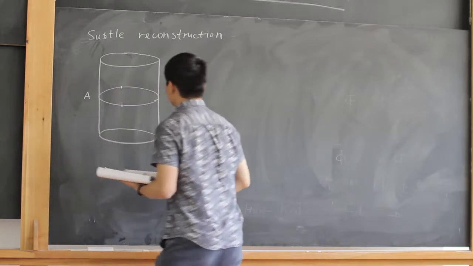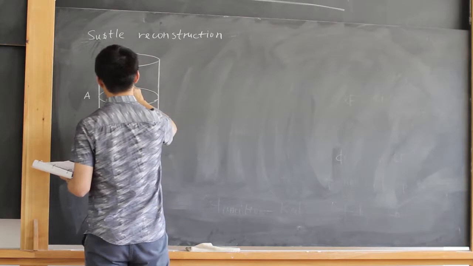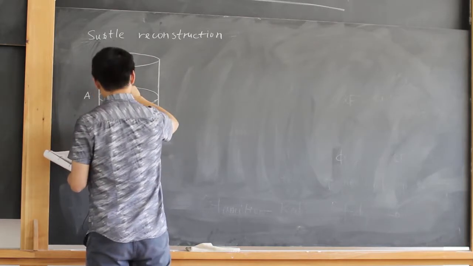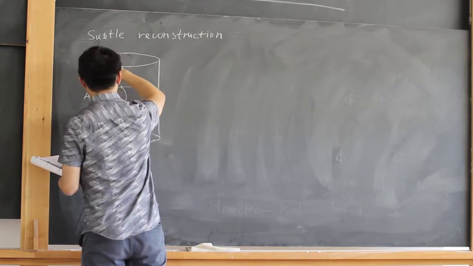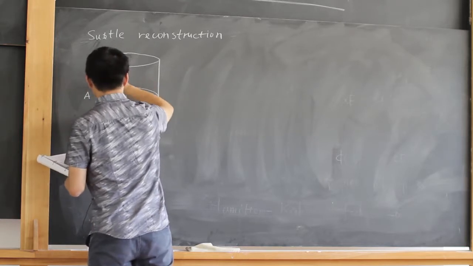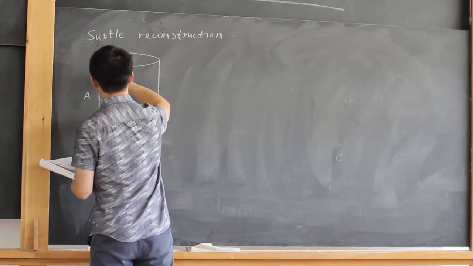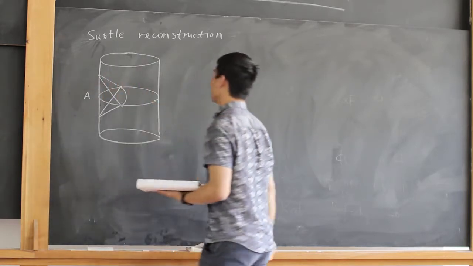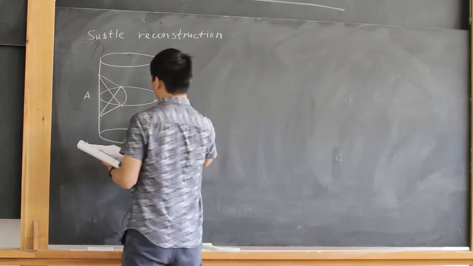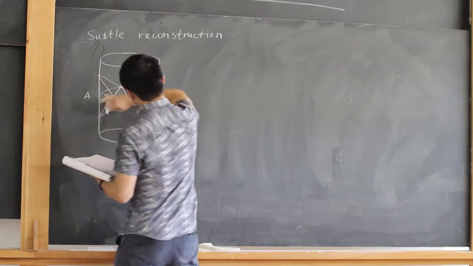There is a way to define a wedge in the bulk that corresponds to A. So the way to draw this is something like this. And the bulk point is supposed to be inside the wedge.